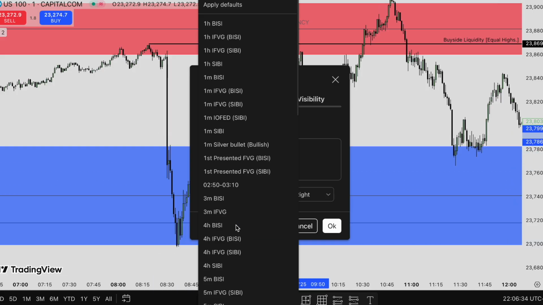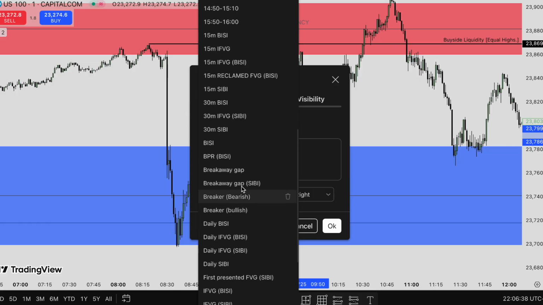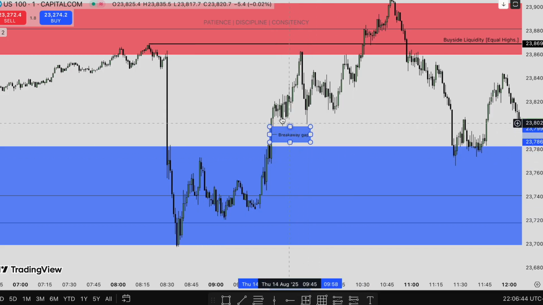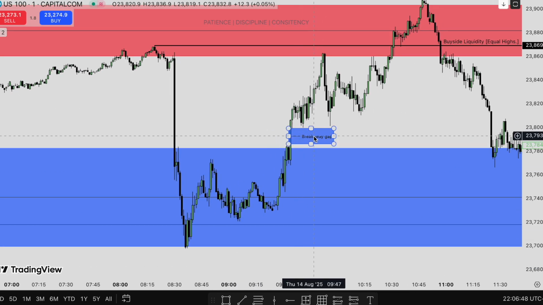Right? So that was a breakaway gap. I think I even marked it as a breakaway gap. Yes, I marked it as a breakaway gap, right? We didn't trade into the first presented fair value gap right there. And the reason why I wanted to see this become a breakaway gap is because we had now formed this order block right here.